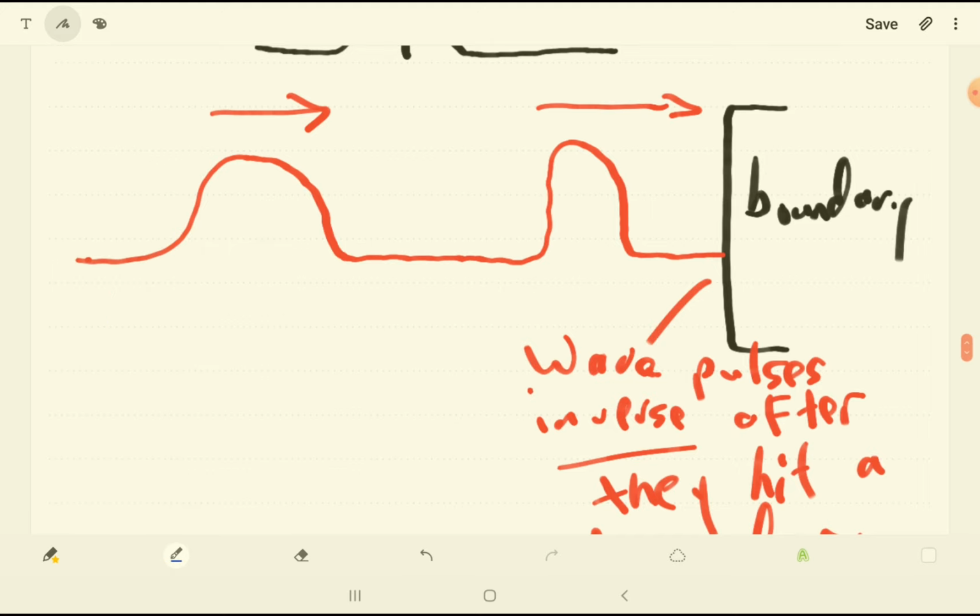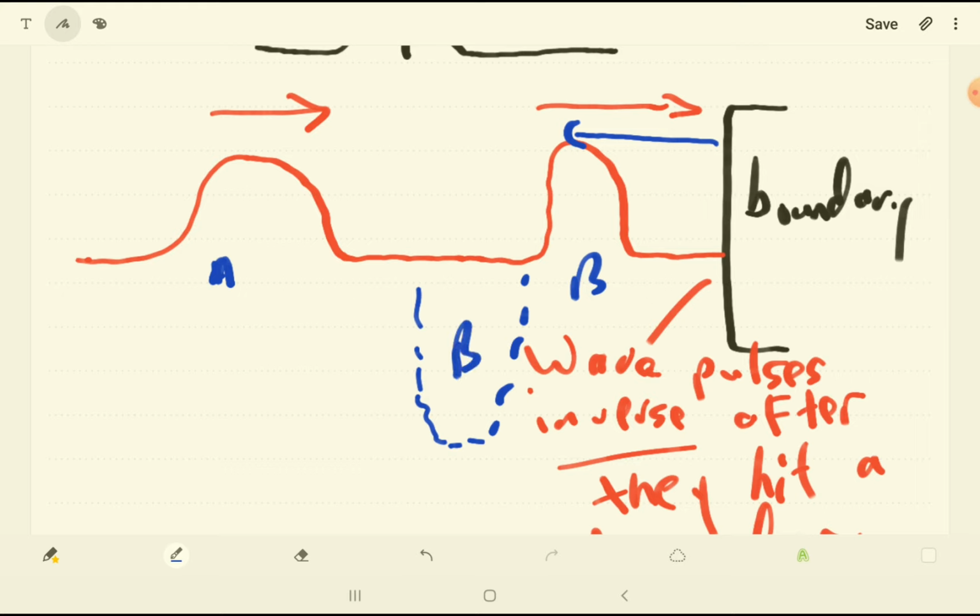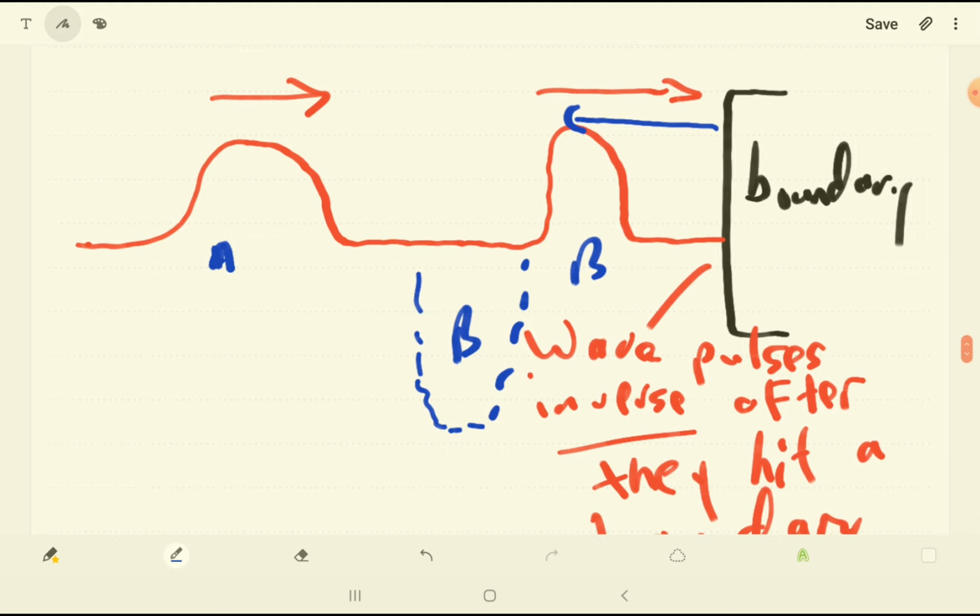So let's say we're going to call this wave A, or pulse A, and pulse B. Okay. Pulse B, once it hits the boundary and it bounces back, it's actually going to flip upside down like that. And this is going to be pulse B. A is going to do the same thing. So every time a wave hits a boundary, it's going to change directions and then inverse.